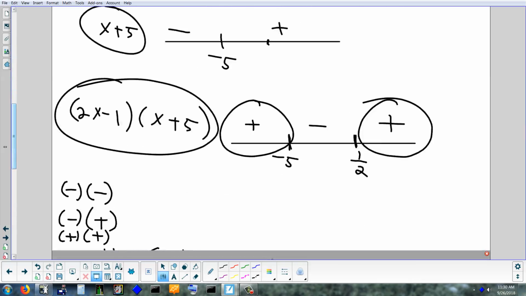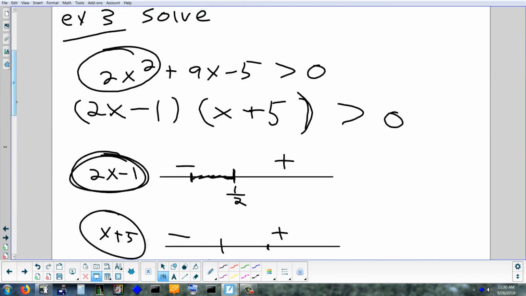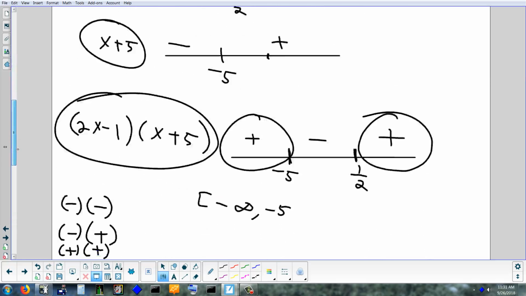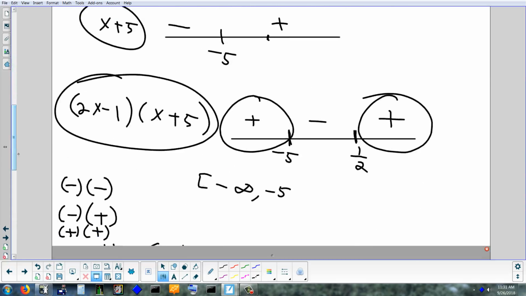So we just have to write what the answer is. You can pick any number from -infinity up to -5. Now I have to check if I can include -5. Can I include it? What do you think? No, it's strictly greater than. If I let it equal -5, well, that's where one of them came out to exactly 0.